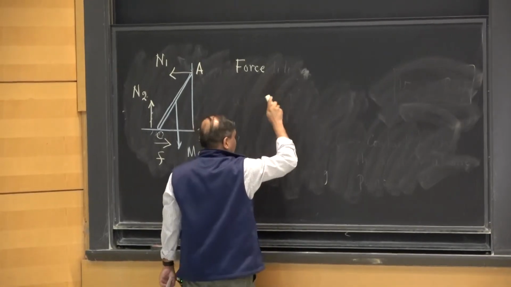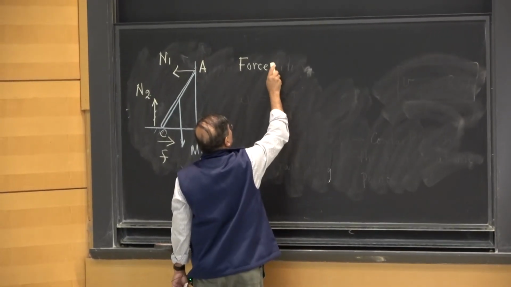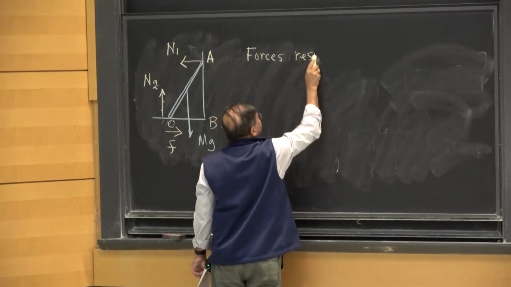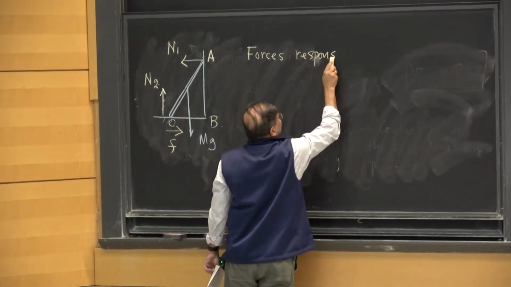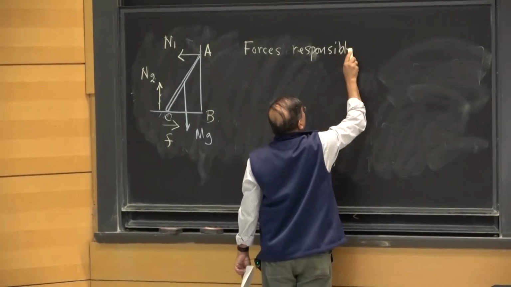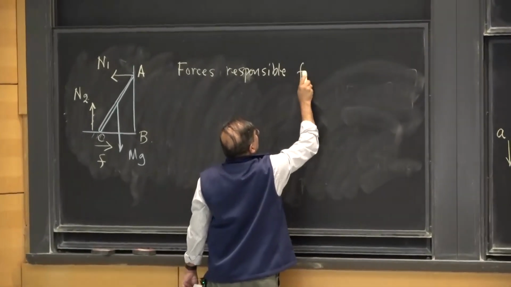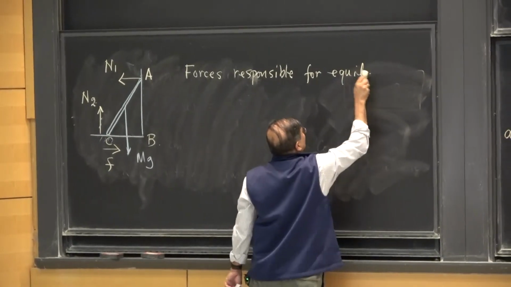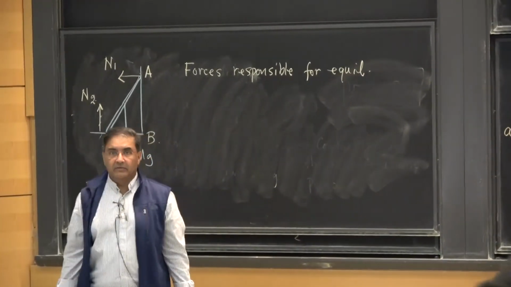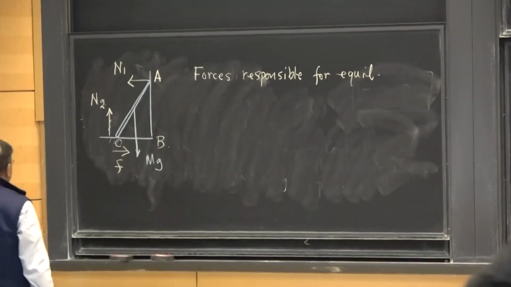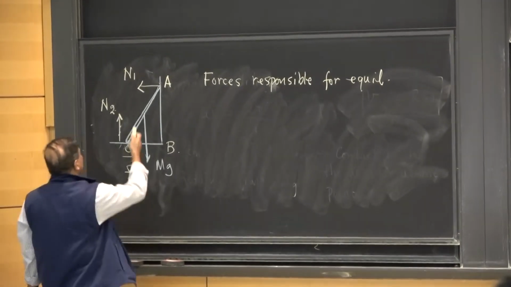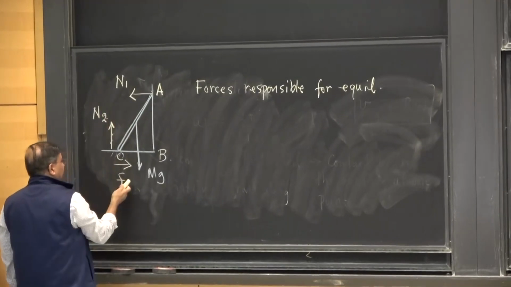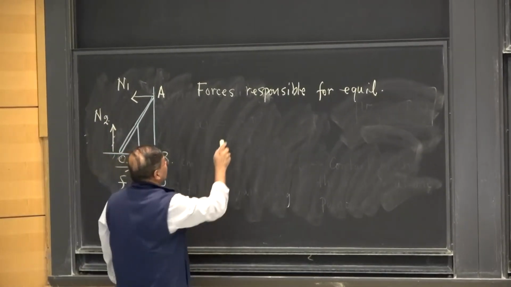In particular, we look at the forces responsible for equilibrium, because it has to be in equilibrium. You don't want this guy to fall. It's actually not that difficult because you can see N1 is a horizontal force going to the left and F is a horizontal force going to the right.